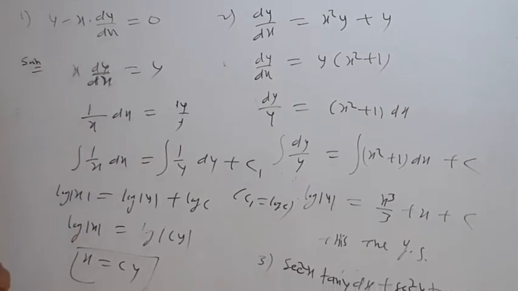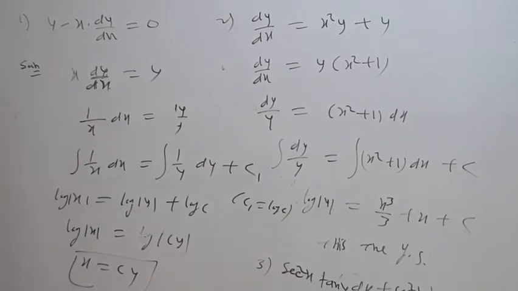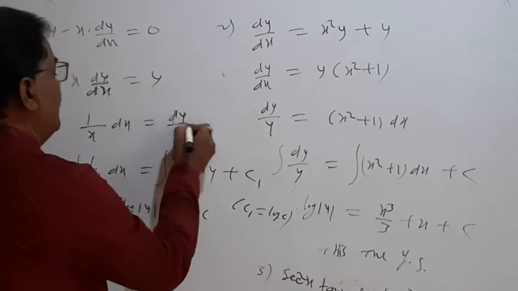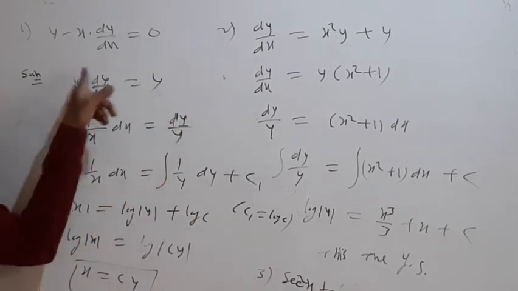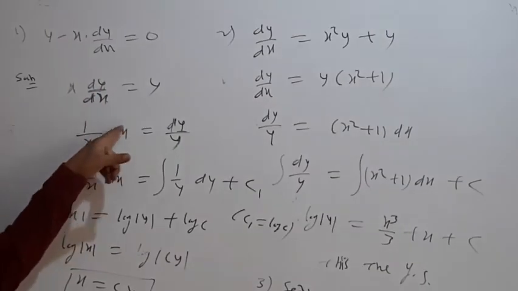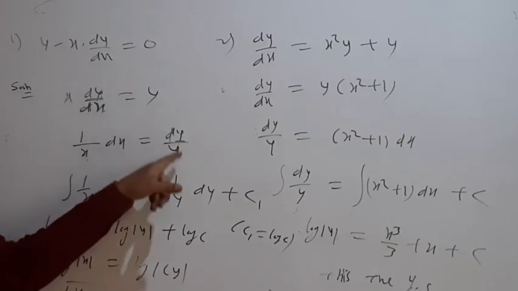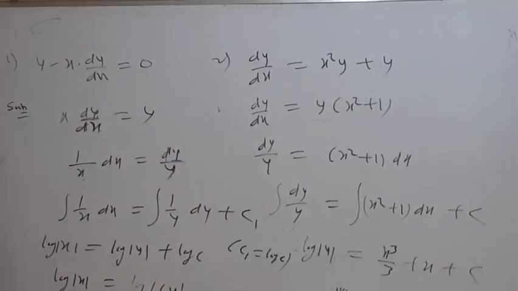Convert into variable separable form, that means x terms on the dx side and y terms on the dy side. So here dx upon x and dy divided by y. 1 by x dx, 1 by y dy, this is the variable separable form.